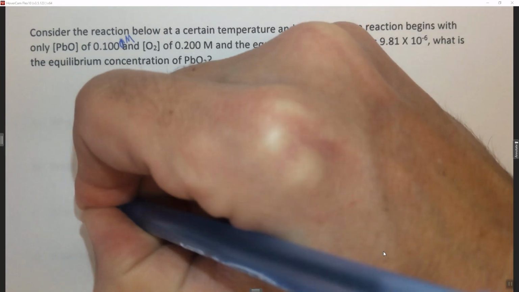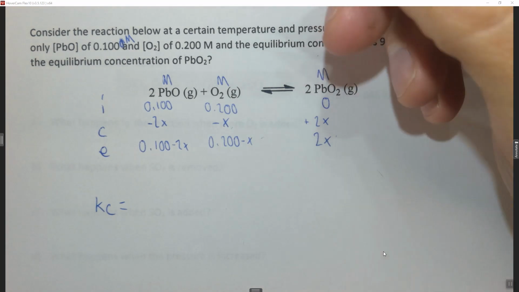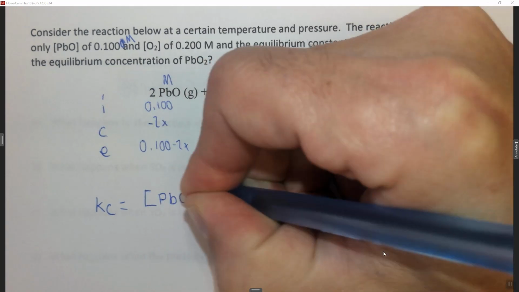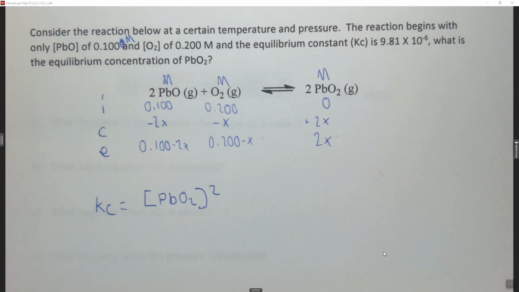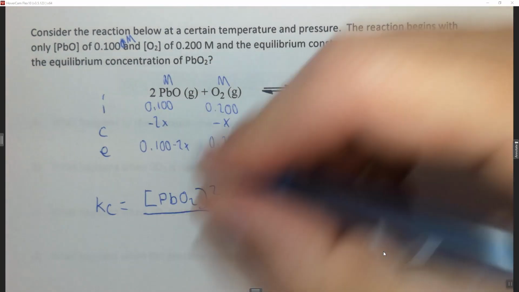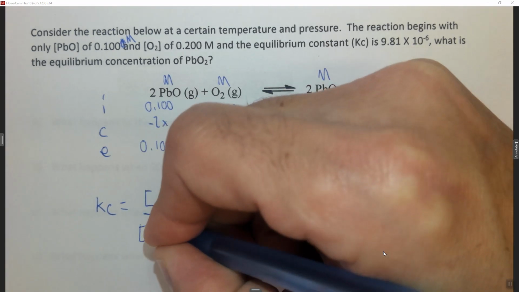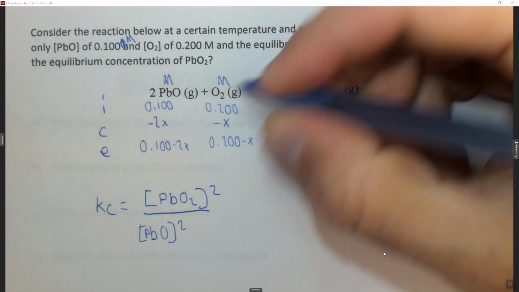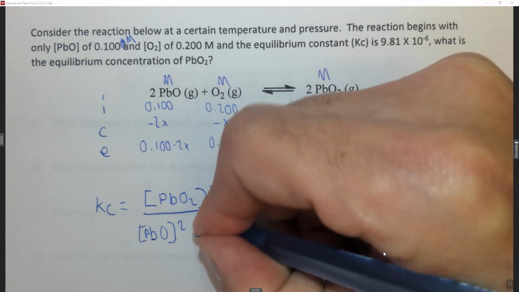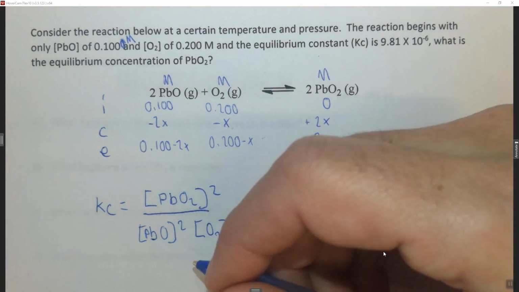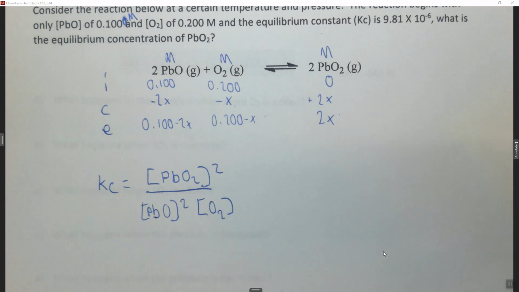So the Kc expression is going to be products over reactants. In this case, our product is PbO2, and there's two of them, so that's squared. Our first reactant is PbO, which is going to be squared because there's two of them, and our second reactant is O2, which is not going to be squared. Now, we know the value of Kc, it's given in the problem.